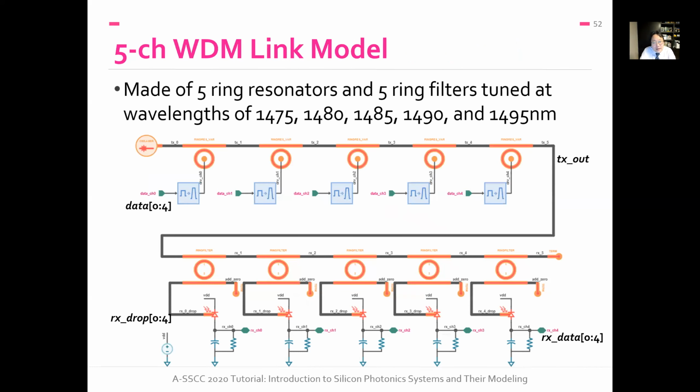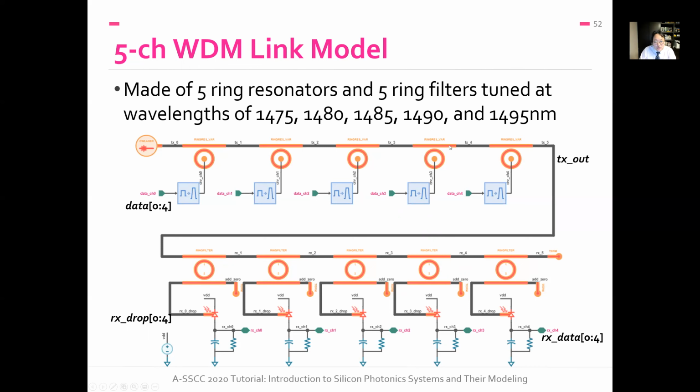So we have taken a look at a single channel wavelength division multiplexing link based on the ring modulator. This time let's look at 5-channel WDM links. A way of doing that is you have a laser source that can generate 5 different wavelengths. Each wavelength is modulated by a different ring modulator that is receiving 5 independent digital channels.